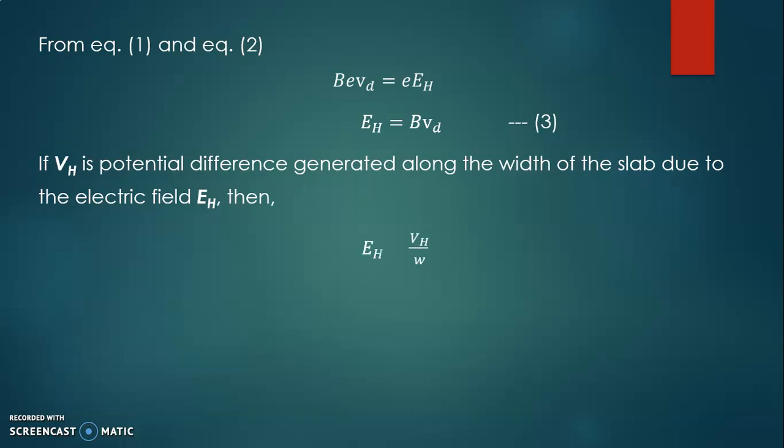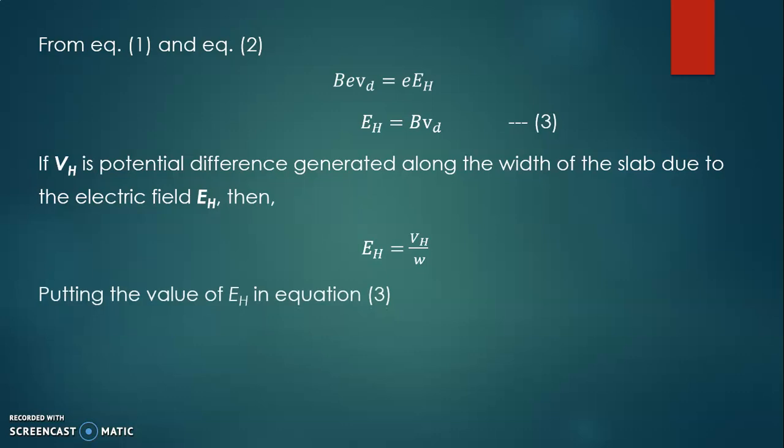So we can write E is equal to V by W, since the electric field is potential per unit dimension. Here the electric field is generated along the width, so we write E suffix H is equal to V suffix H upon W.